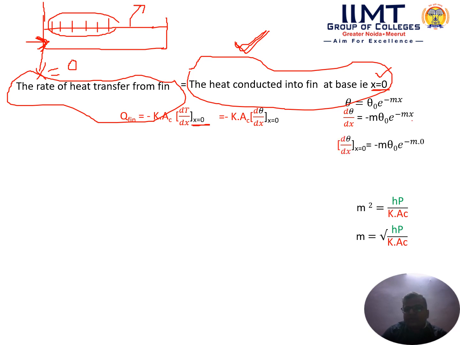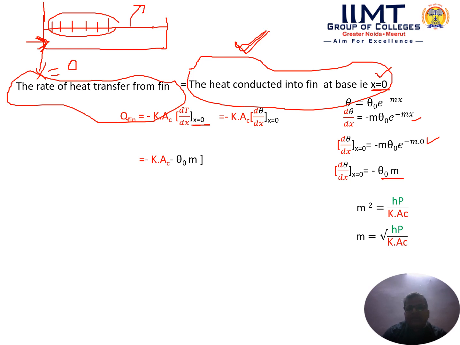Then d theta by dx at x is equal to 0, that means this x is equal to 0, will be equal to minus m theta naught. Putting the value of d theta by dx at x is equal to 0, this will be equal to minus m into theta naught.